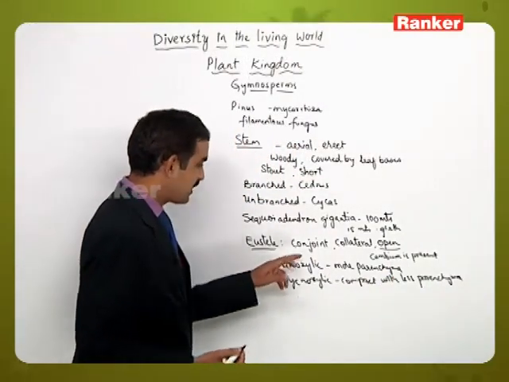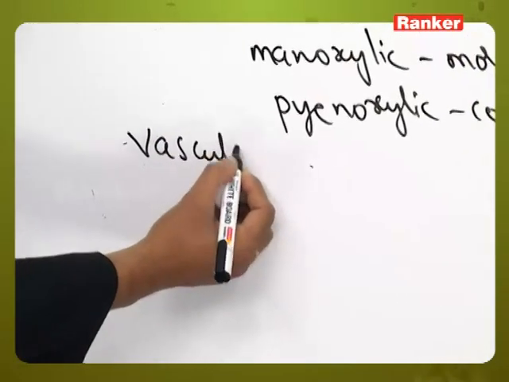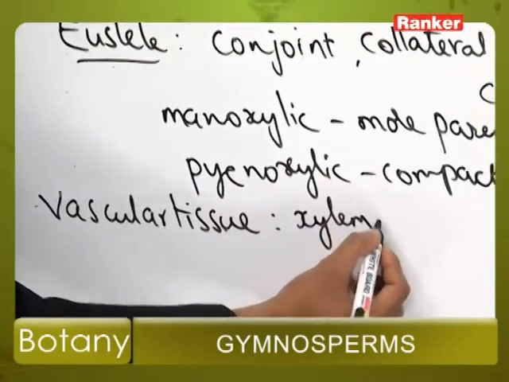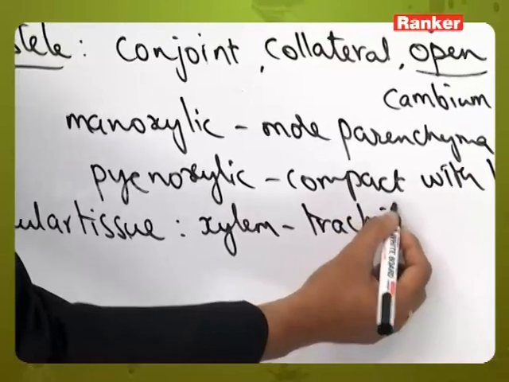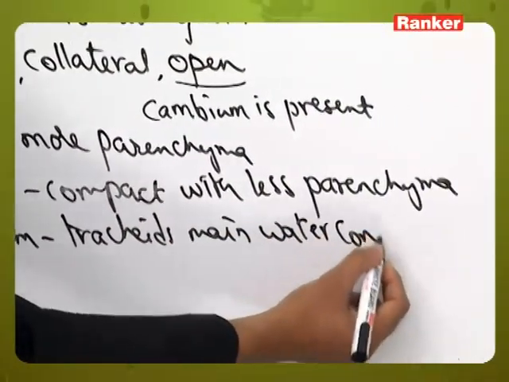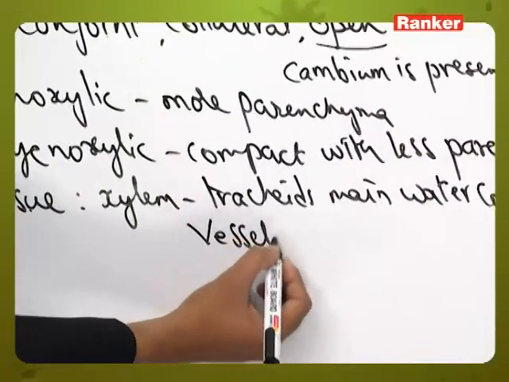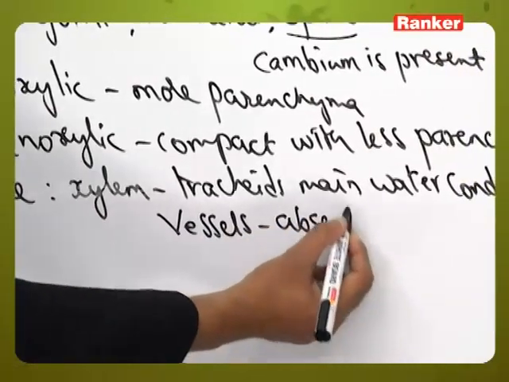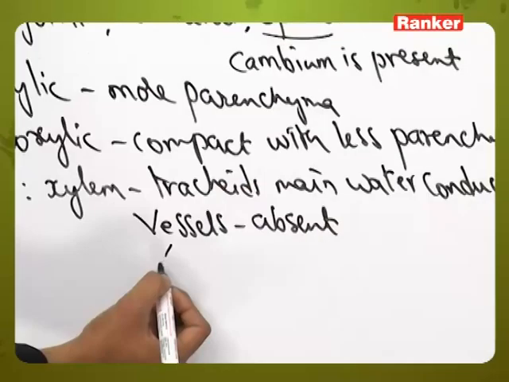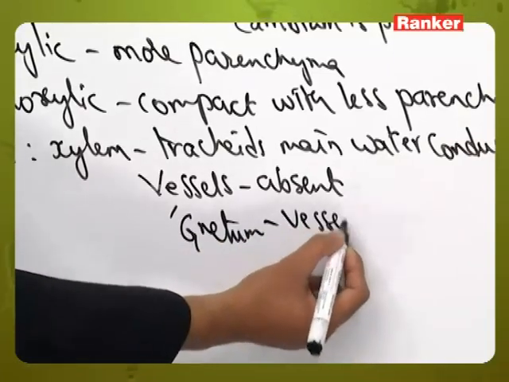Then if you see the vascular tissue, particularly in the xylem, tracheids are the main water conducting tissue. Why? Because here the vessels are absent in the members of Gymnosperms, but one exceptional case is there, that is in Gnetum, the vessels are present.